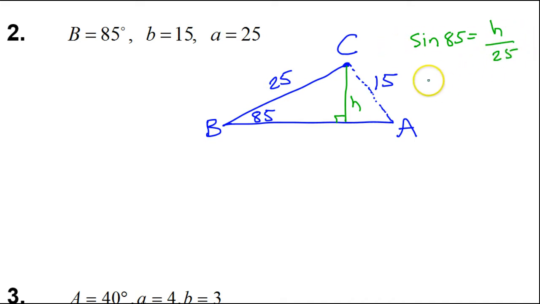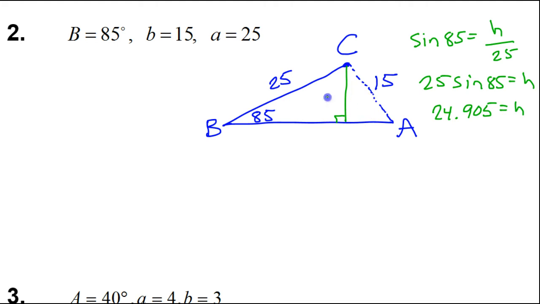Multiplying both sides by 25 gives me 25 sine 85 is equal to the height. I'm just going to put this in my calculator. And I am getting 24.905 for the height. Well, that is very, very interesting.